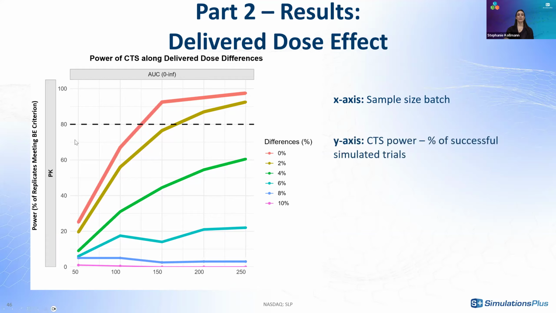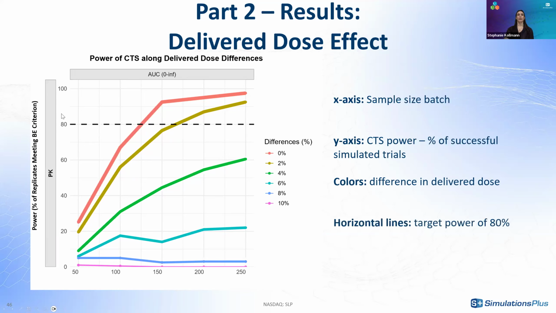And on the y-axis, we see the power, meaning the percentage of simulated trials that successfully meet the bioequivalence criterion. The colored curves represent different levels of the tested parameter, so in this case, delivered dose difference. And the horizontal dashed line marks the target power of 80%, which is typically considered acceptable for study design evaluation.